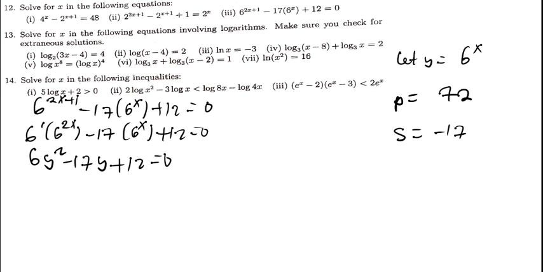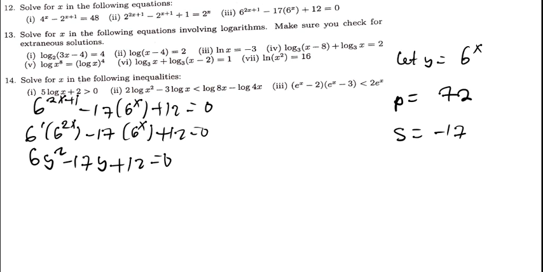If you don't know the factors, you can use the quadratic equation. Okay. So me, I'm not going to waste time to use the quadratic equation. I'm going to find the factors.